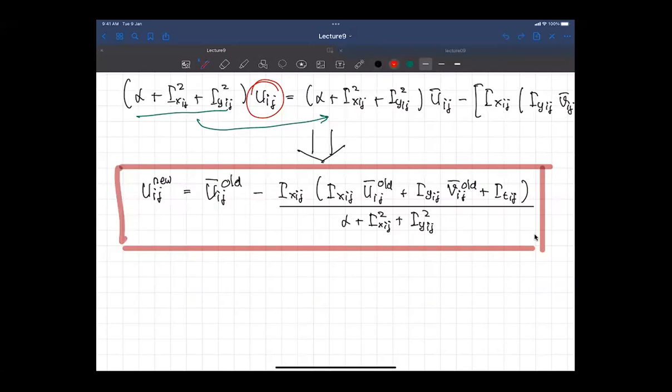You have u_ij old, v_ij old, and the gradient of I. With these values, you update u_ij for every pixel. Then you iterate this again and again until it converges. Okay, so that's the basic idea of this one.